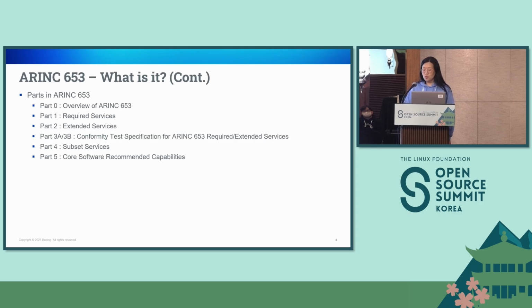Part 2 has some extensions of Part 1 system functionality, and Part 3 is the conformity test specification for the services that I mentioned before. Part 4 is subset services, and Part 5 is core software recommended capabilities. Actually, it addresses the limitation by defining the core software capability.